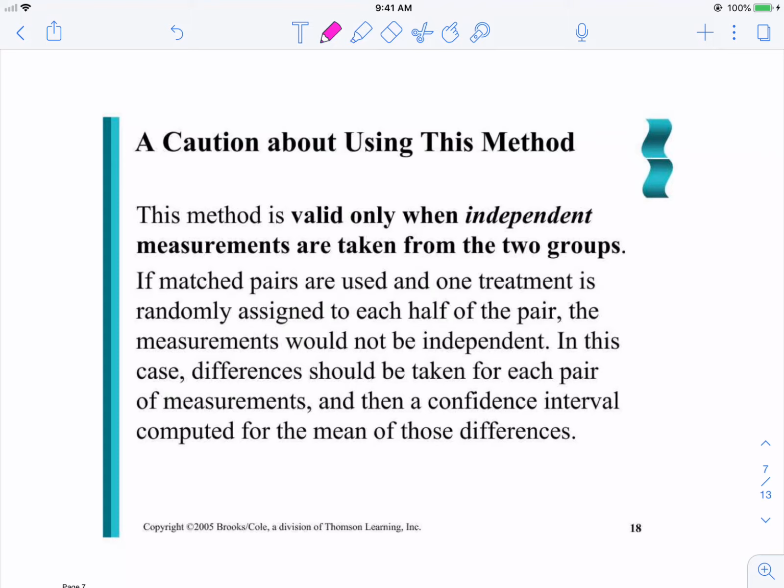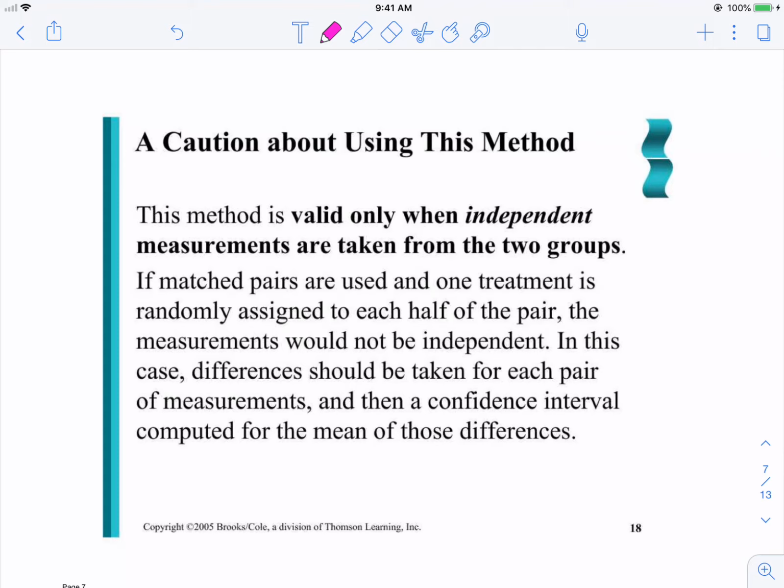Now, a couple cautions about using this method. We talked about this at the beginning. This is valid only when you have independent measurements taken from the two groups. If you were to use some other design, like a matched pair design, where one treatment is randomly assigned to one half and then the other to the other, those are not independent.